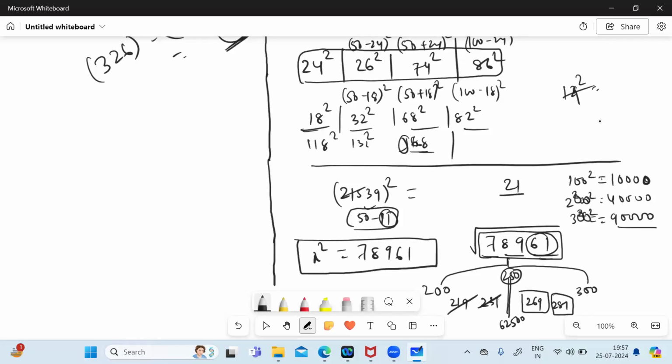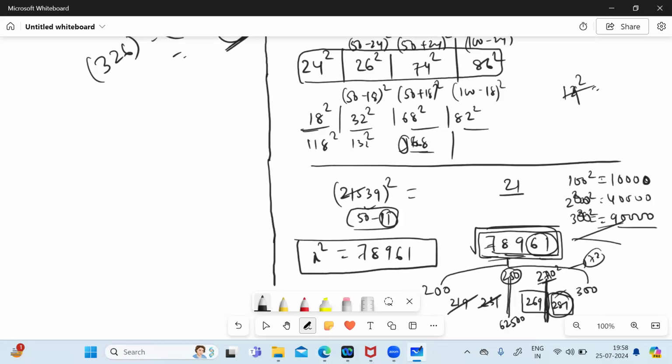Now you can check for either one, or if you don't want to check, you can just find the in-between number, 270. 270 square will have a value of 72,900, whatever. So this number is greater than this. But you can also see that this particular number is close to 90,000. So this will be the answer.